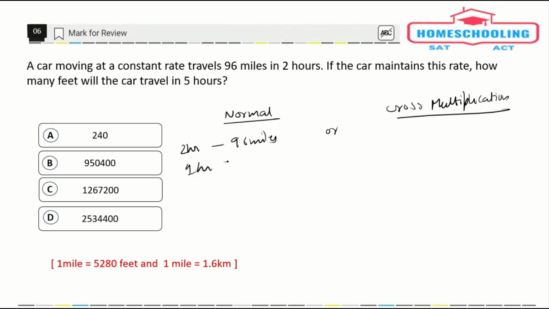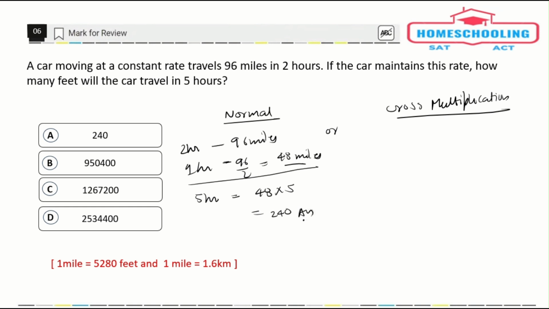For 1 hour it would be 96 divided by 2, that would be 48 miles. So in 1 hour we cover 48 miles. So for 5 hours it would be 48 into 5. 8 fives are 40, and 5 fours are 20. So 240.